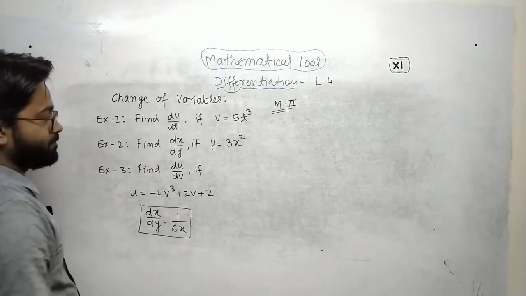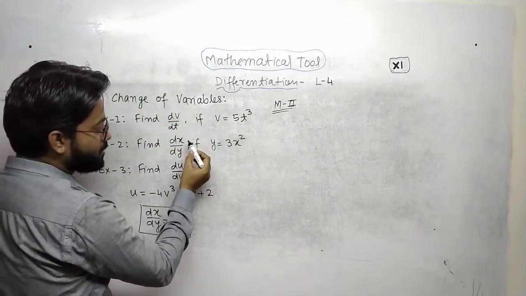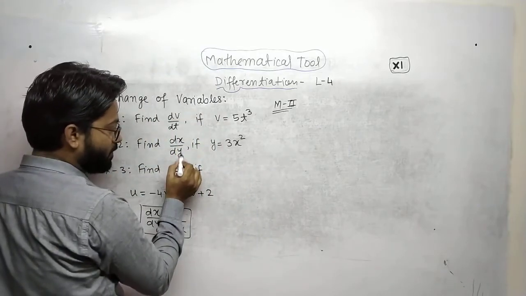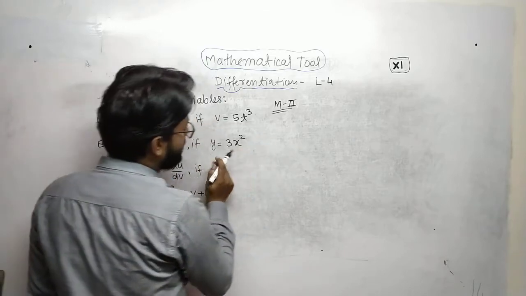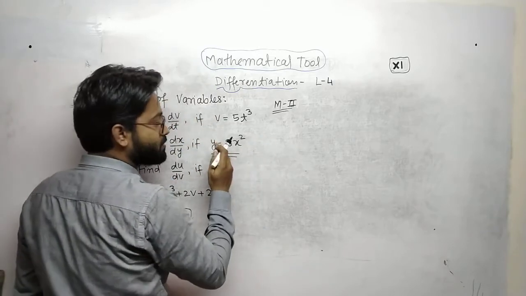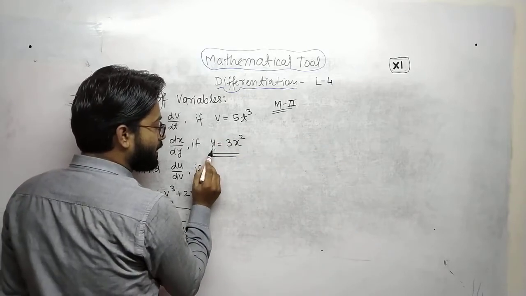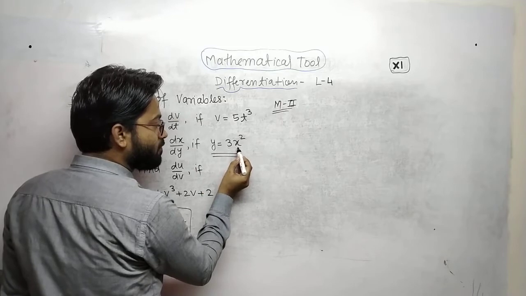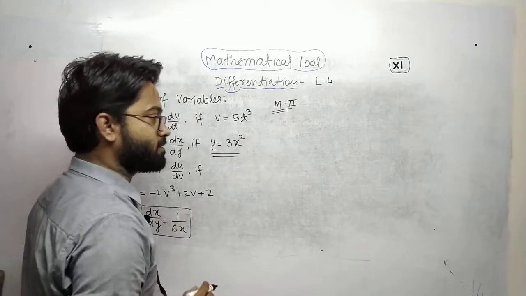Here you want to differentiate x with respect to y, then convert this equation so that x is in terms of y. Here this equation is in terms of x, y equals something in terms of x.